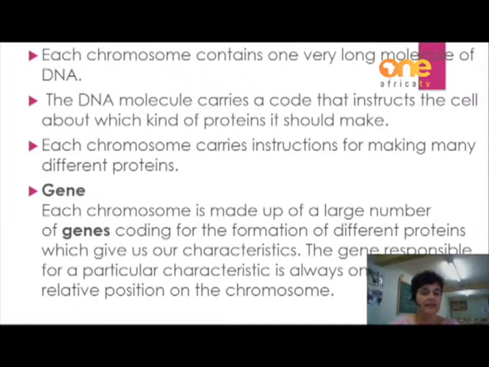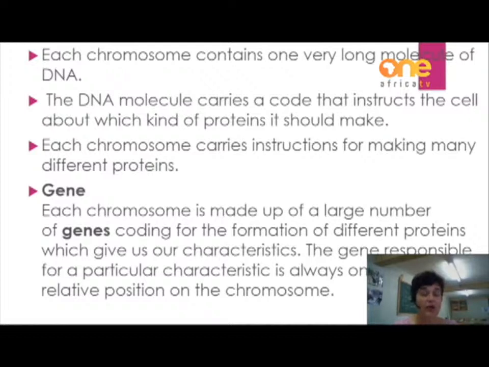So each chromosome is made up of a large number of genes coded for the formation of different proteins, which gives us our characteristics. A gene is responsible for a particular characteristic, and it is always on the same position on the chromosome.